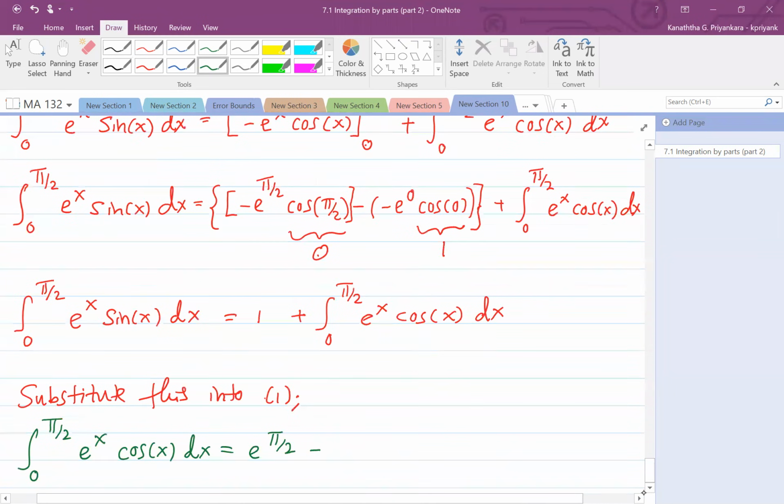So we compute it as 1 plus the integral from 0 to pi over 2 of e to the power x cosine x dx.